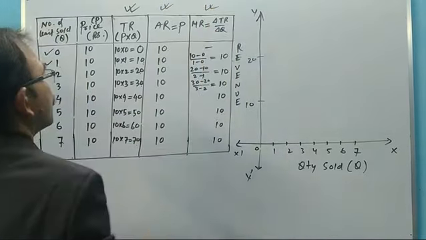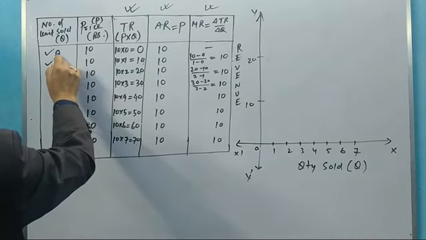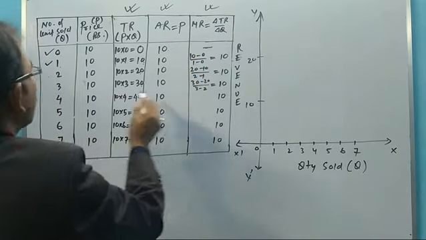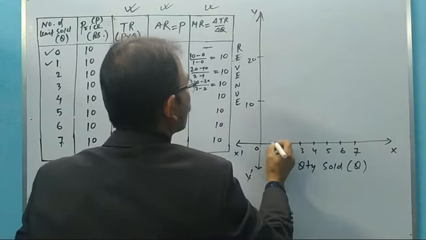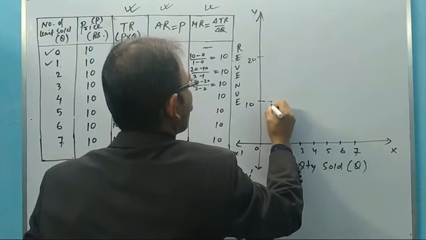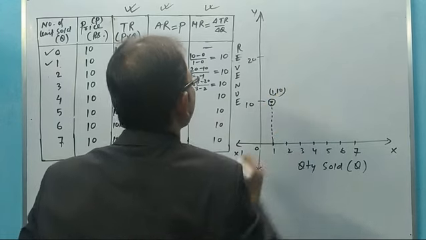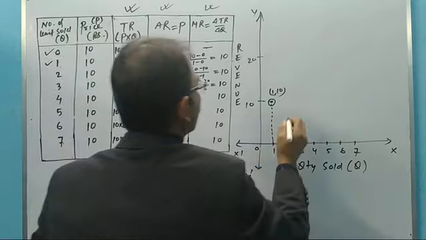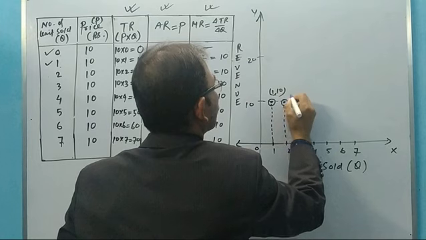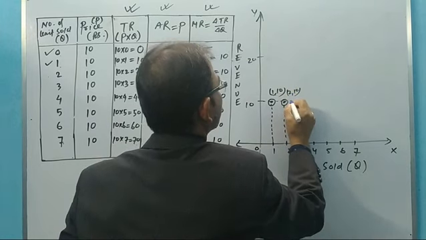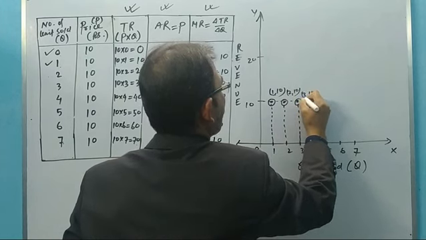Now the MR curve. In the case of the MR curve also, you look, when we are selling 0 units, then we are not getting any point. For 1 unit of selling, getting 10. So 1, 10. Then 2, 10. This is 3, 10.